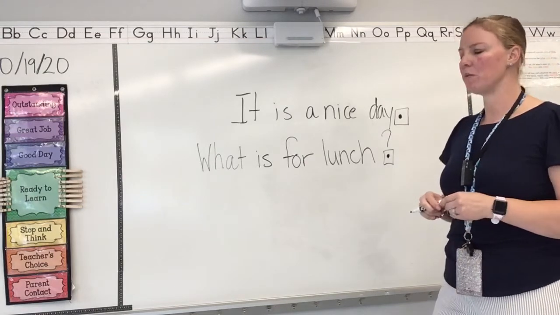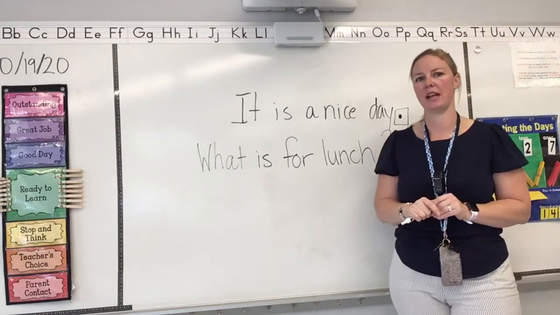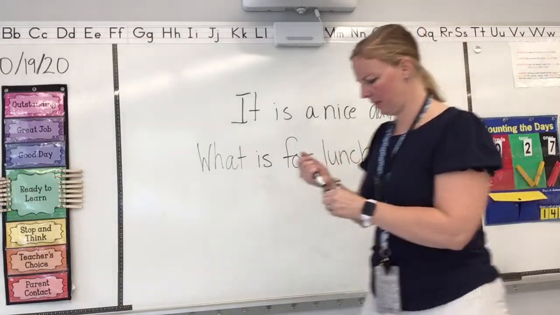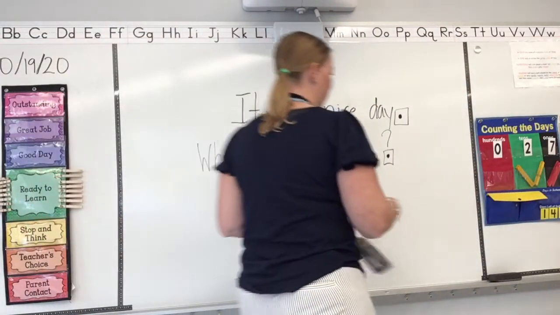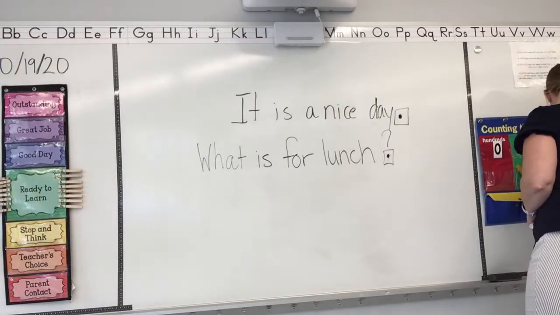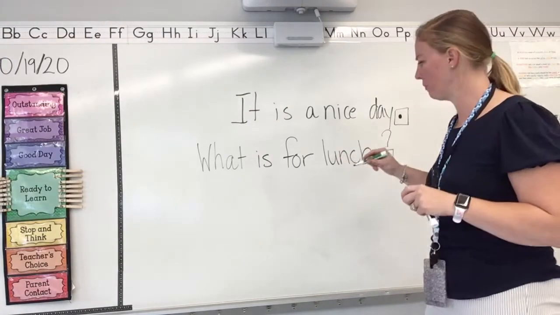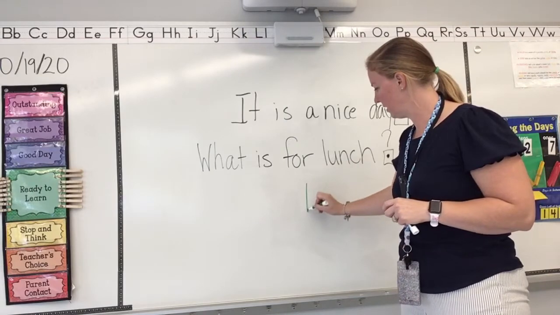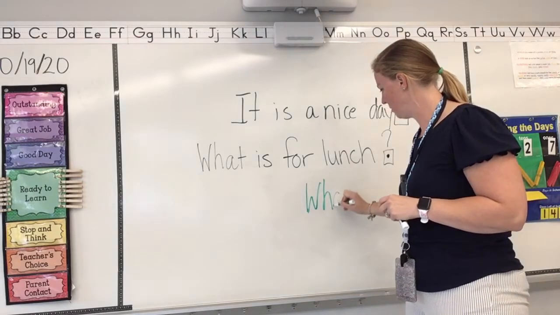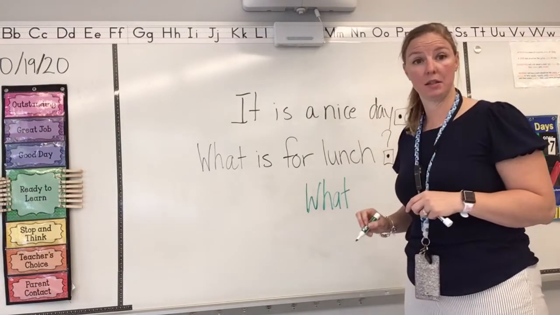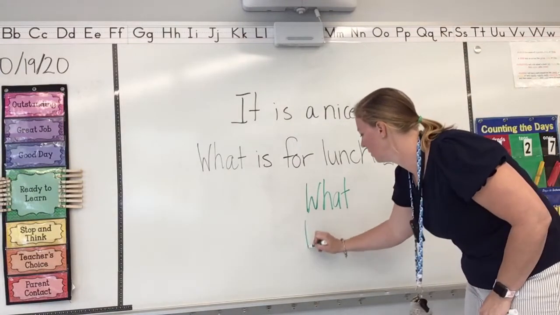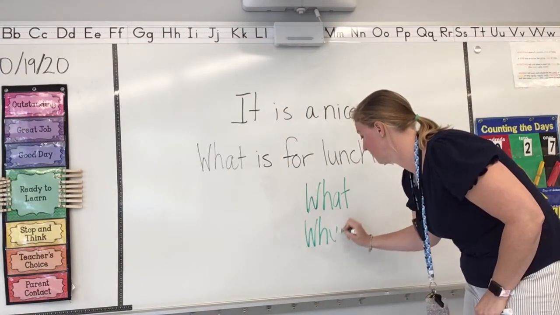There are some key words that will help you to know if it's an asking sentence. Let me grab another marker here and I will write them on the board. Some asking sentence words that will help you to know it's an asking sentence. What? Why?